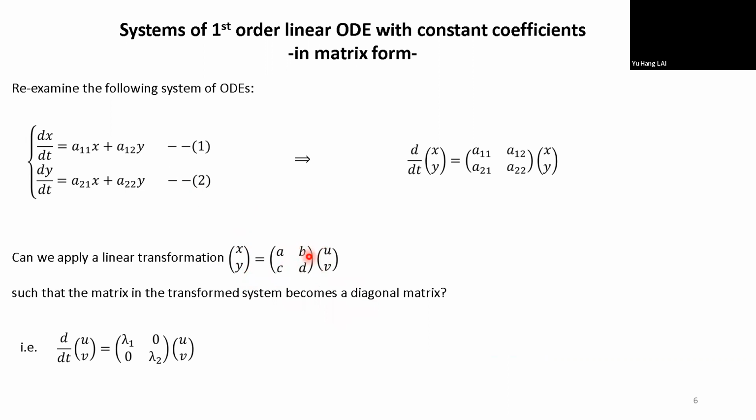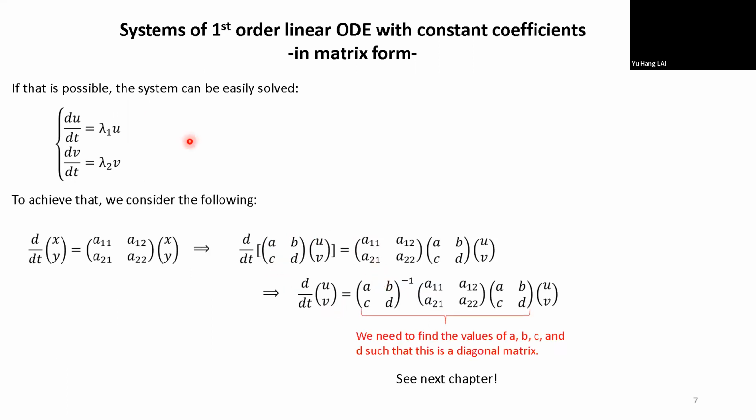Then the key is how do we do this transformation, to make a diagonal matrix so that this system becomes very easy to solve? What we are trying to achieve here: this is the original system that we try to solve.